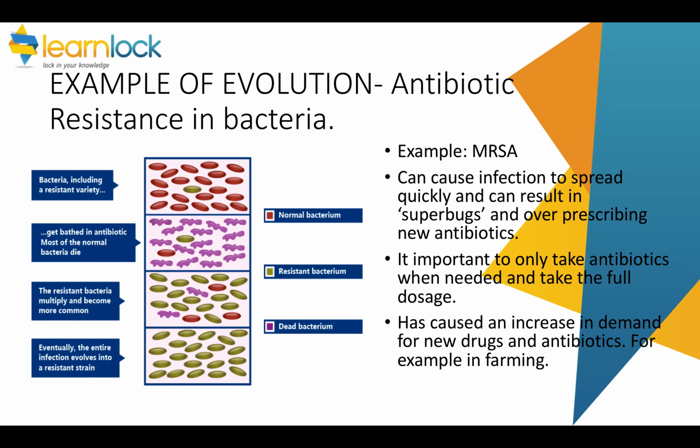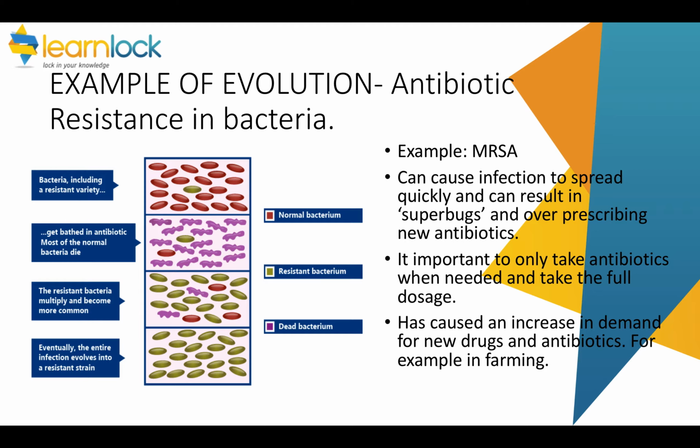So when you come along and try and kill the bacteria with the antibiotic, most of them die, but some will remain. Those that remain can then multiply, and then they become more common. And eventually, the whole strain is resistant, and the whole group of bacteria is resistant.